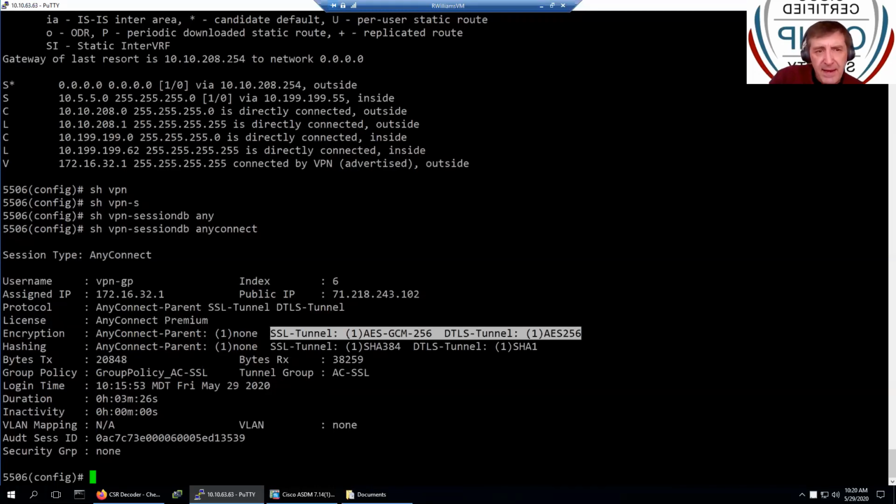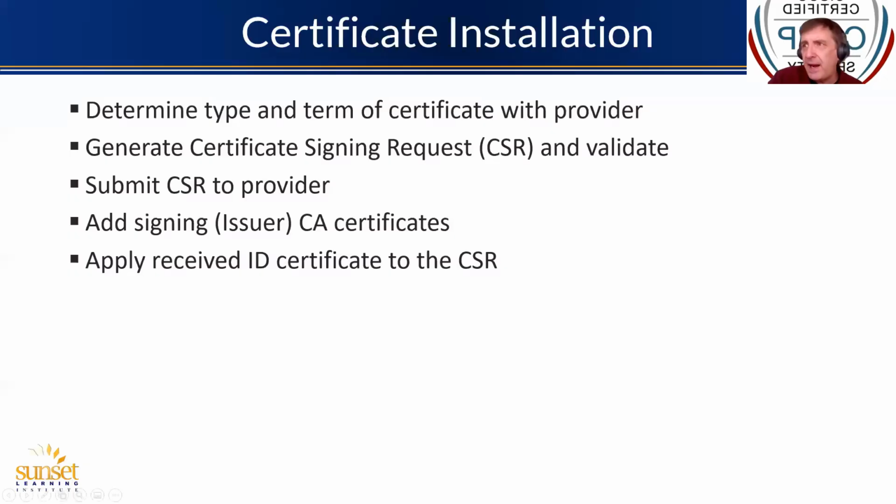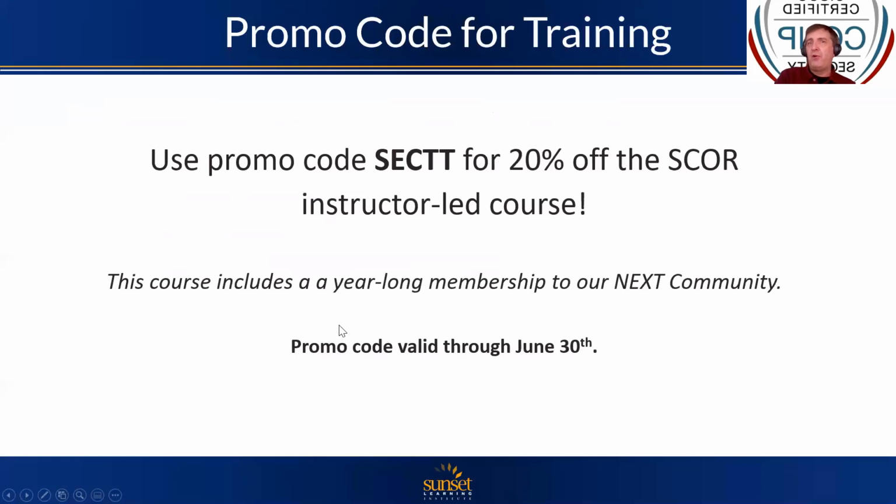And I think that is all I had for demonstration on the ASA, adding a publicly trusted certificate and utilizing that for AnyConnect VPN. So much more creativity can be done there, but ultimately the simple task, without having to provide a bunch of creativity and whatnot, is pretty easy to do.